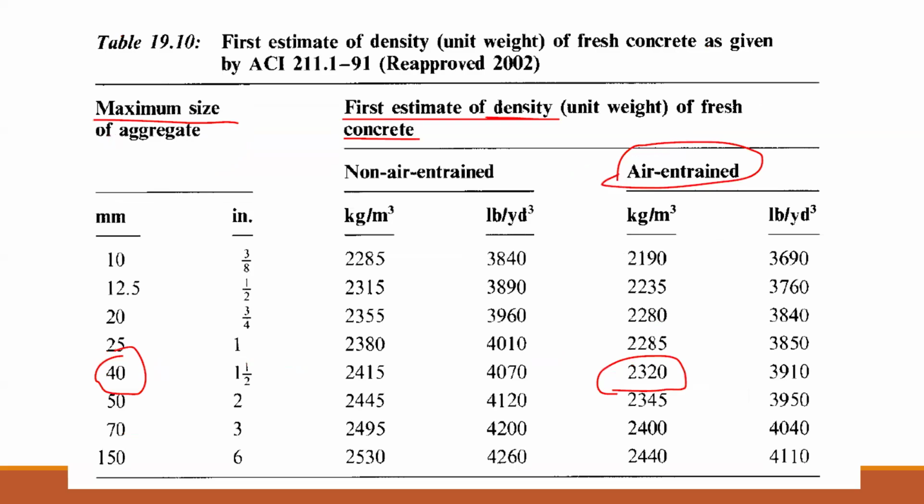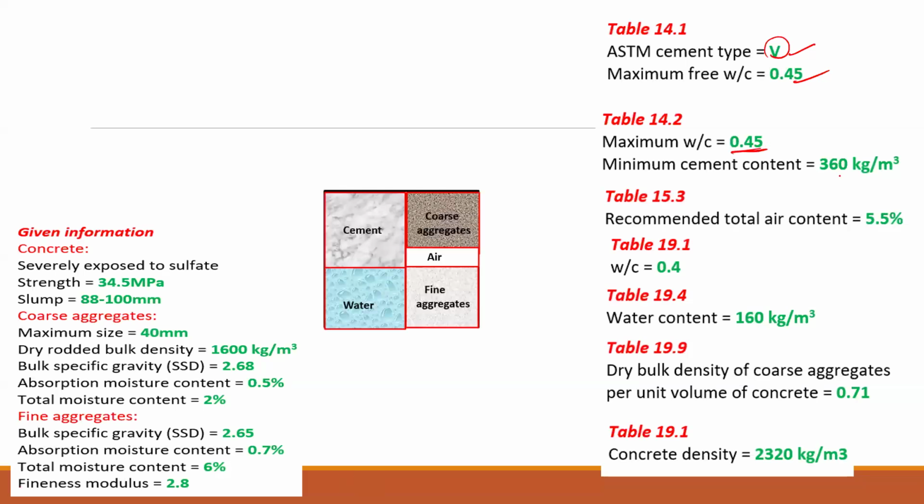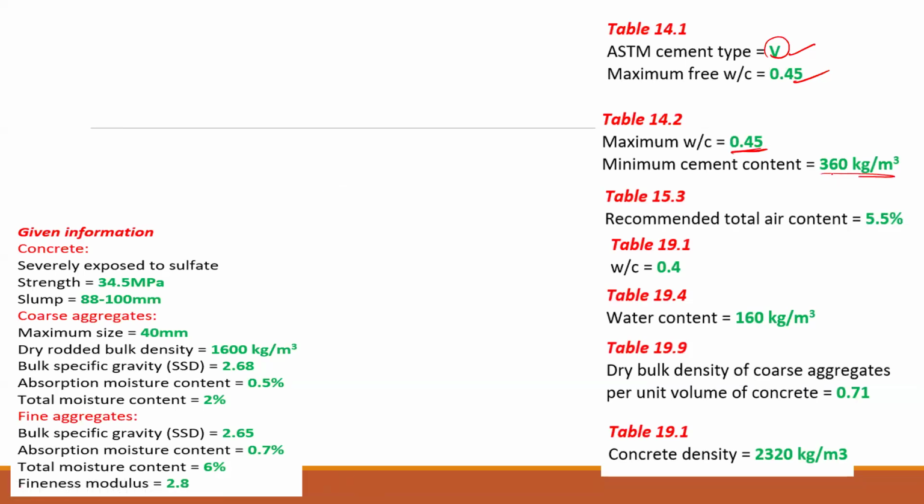So I have summarized everything here. From these tables, we have found these values, which are on our right-hand side. So you can see from table 1, we found the ASTM cement type and the maximum water to cement ratio. In the second table, we found the maximum water to cement ratio and the minimum cement content.